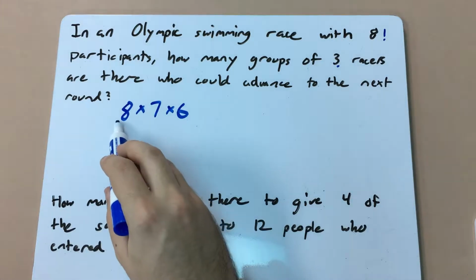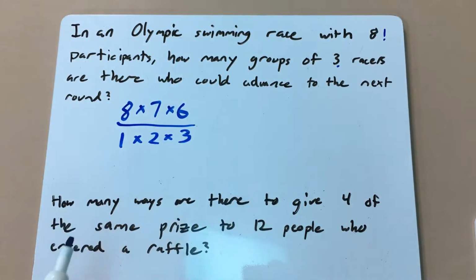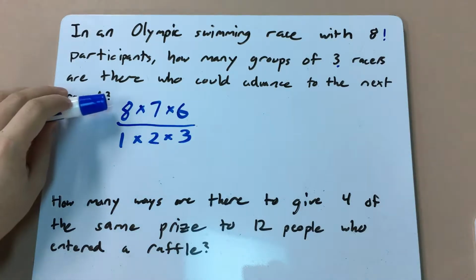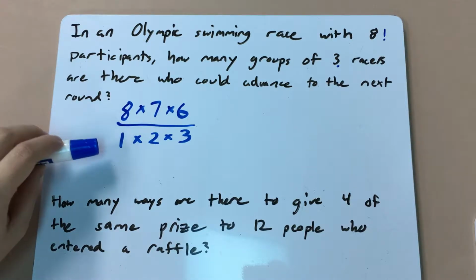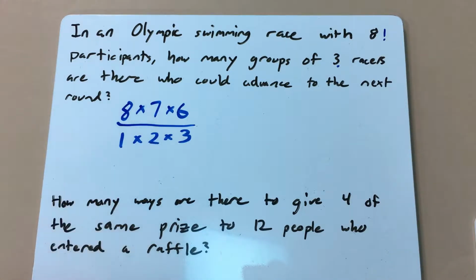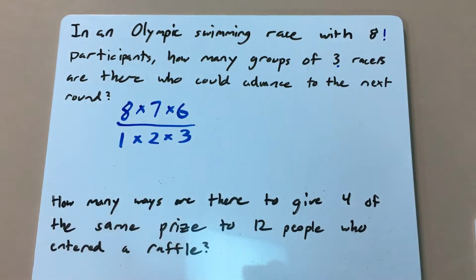We have to actually divide by whatever number of possible orders there were to pick out those 3 people. So essentially, we start with permutations, we divide by the orders because order doesn't matter, and those orders are just going to be the factorial of however many people we're picking. So 8 times 7 times 6 divided by 1 times 2 times 3.